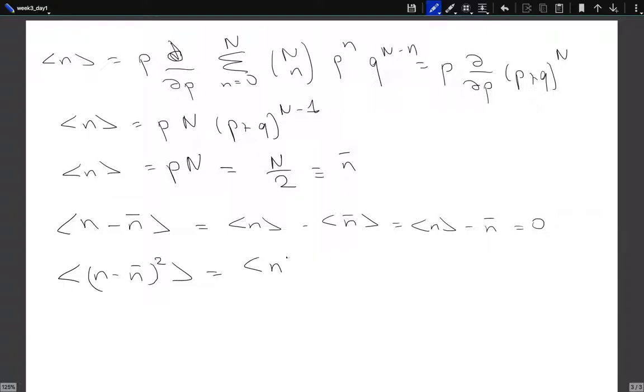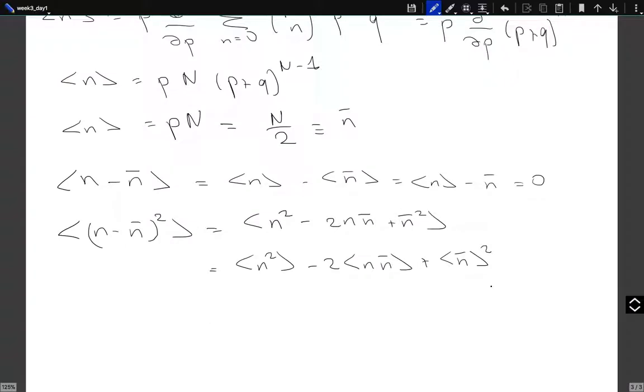Well, let's just try to analyze it a bit first. This is n squared minus twice n n-bar plus n-bar squared. The average of n squared minus twice the average of n times n-bar plus n-bar squared. Well, this is equal to the average of n squared minus twice n-bar times the average of n, well, n-bar is just a constant, I can take it out of the averaging, plus n-bar squared.